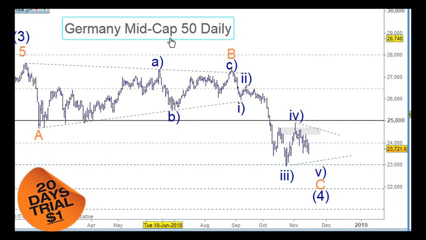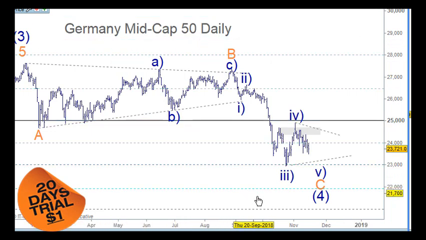So I've been starting with the German mid-cap for a little while now because the countdown is quite clear in terms of wave 3, an A wave, a B wave, and a C wave. For this market, we're looking at wave 4 moving back up here. I know wave 4s get complicated, so we need to be mindful.